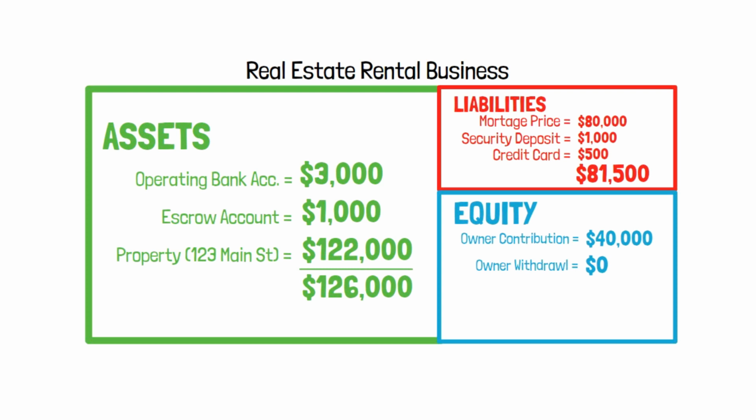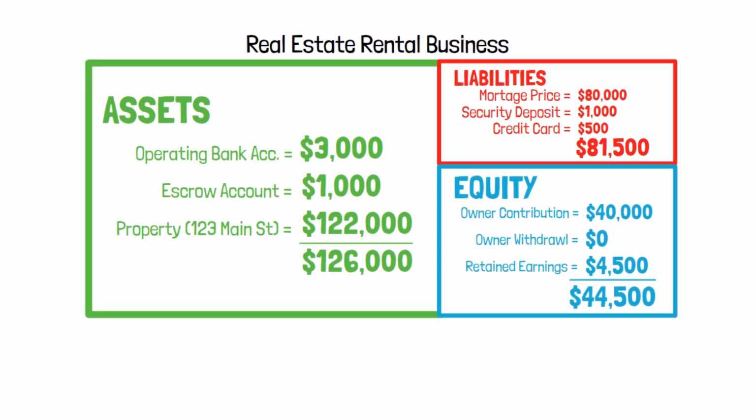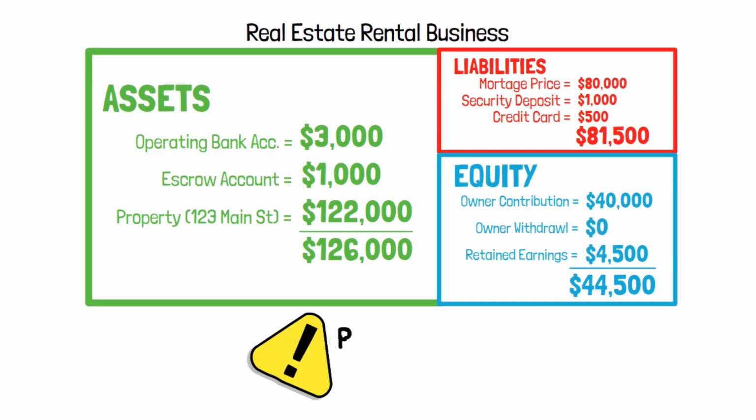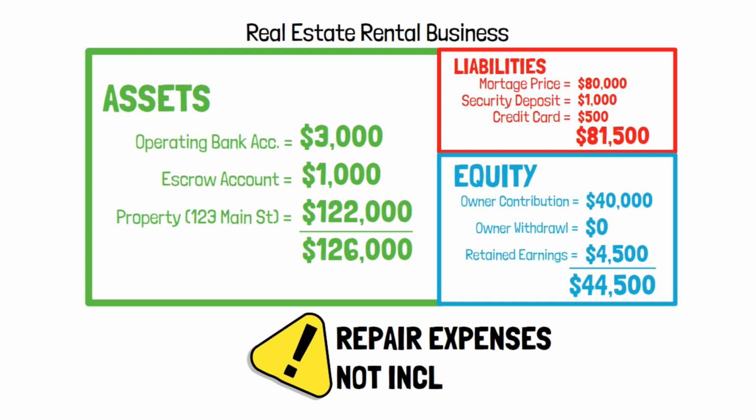And since your rental building was in good shape when you acquired it, most of the rent that the tenant has been paying so far shows up as retained earnings. But don't let this part fool you. Later on, you will start making additional expenses, especially for repairs and taxes, so your retained earnings value would likely go down.